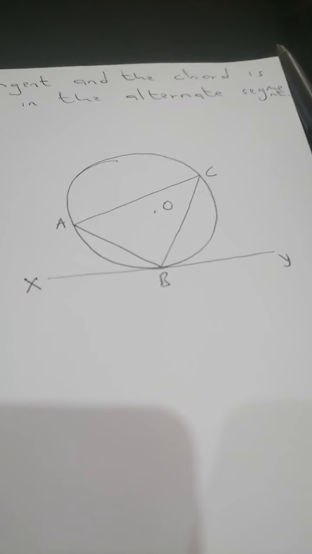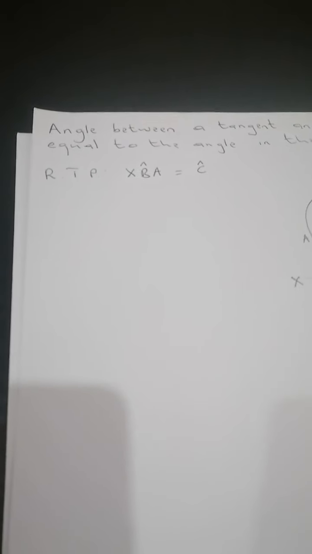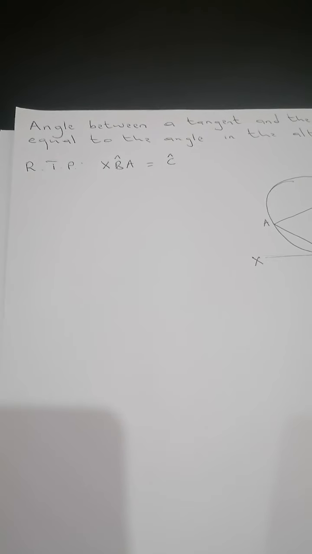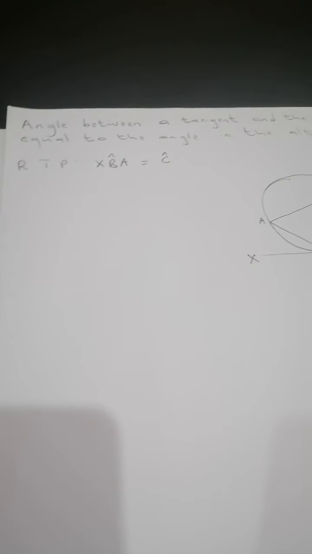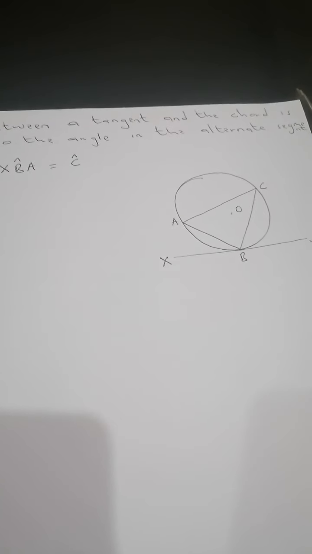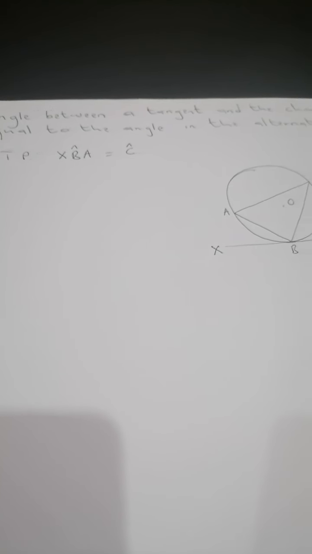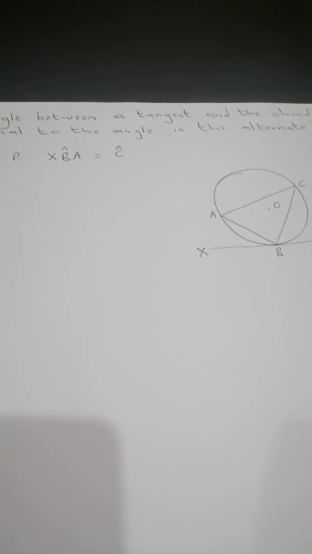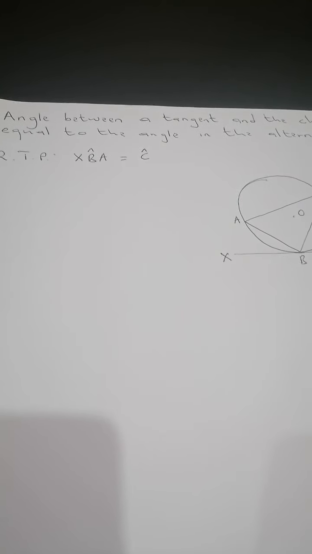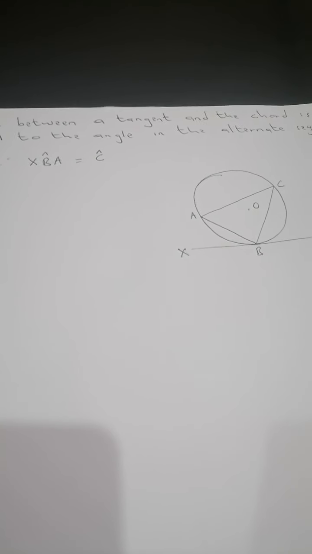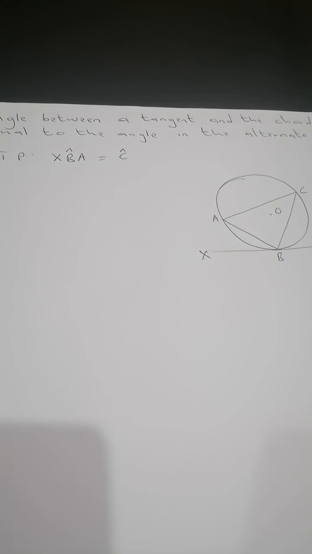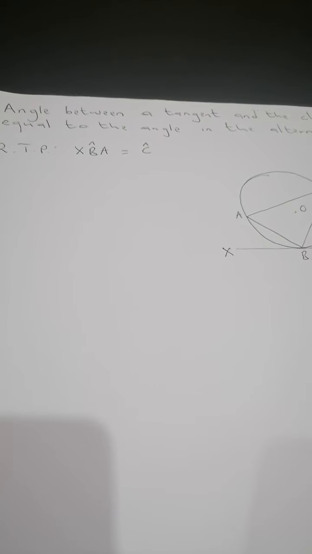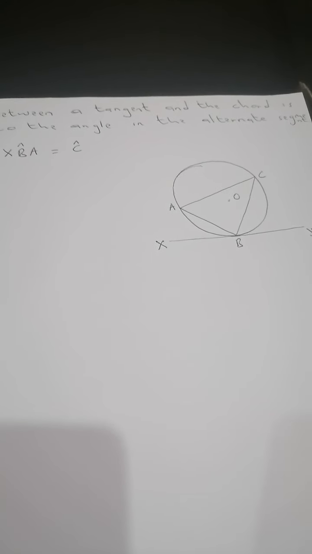The first theorem that we're going to try and prove is the one that says the angle between a tangent and the chord is equal to the angle in the alternate segment.